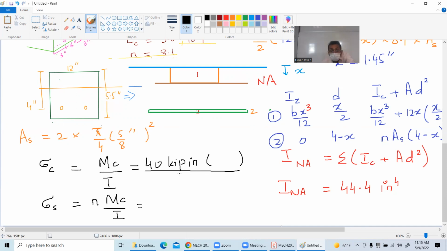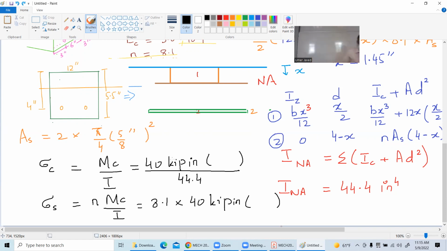Somebody told me 44.4. And here I will put n as 8.1, multiplied by 40 kilopound inches multiplied by the maximum distance, because C stands for the maximum distance from the neutral axis. So give me the C for concrete and give me the C for steel.